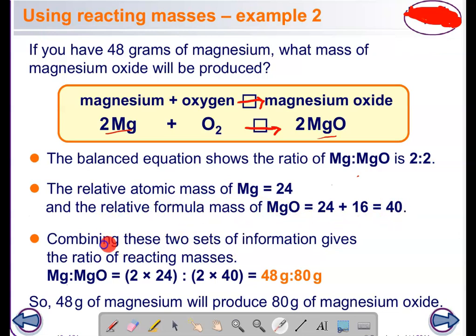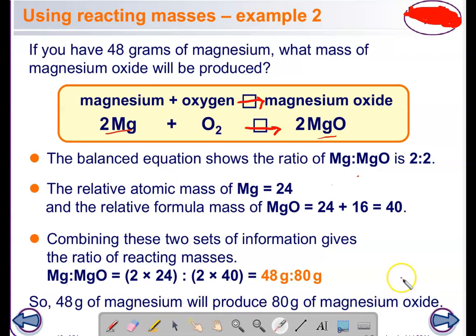If we combine these two pieces of information, the ratio of the reacting masses will be magnesium is to magnesium oxide. We multiply the ratio by the relative atomic mass, is to the ratio times the relative formula mass, and that should be 48:80 grams. So 48 grams of magnesium will produce 80 grams of magnesium oxide.